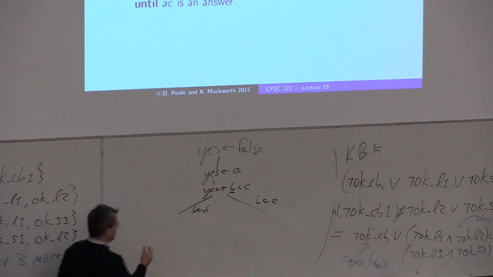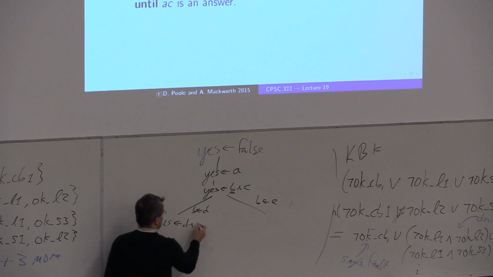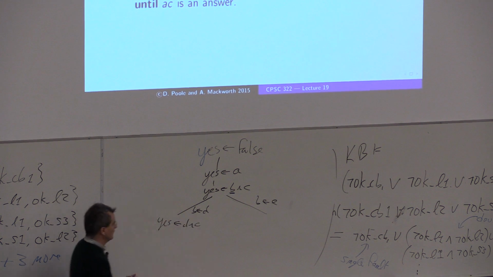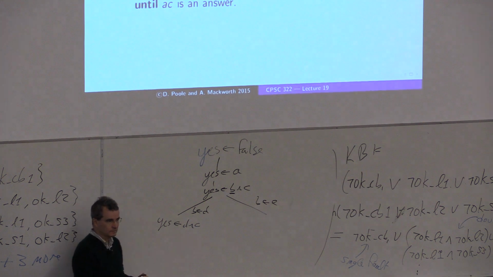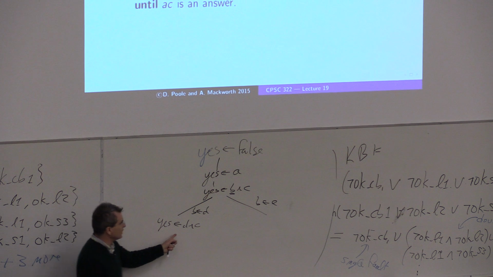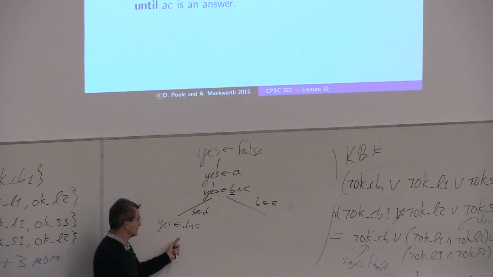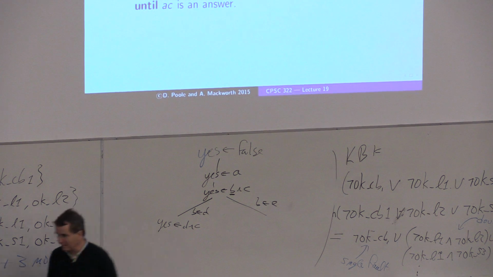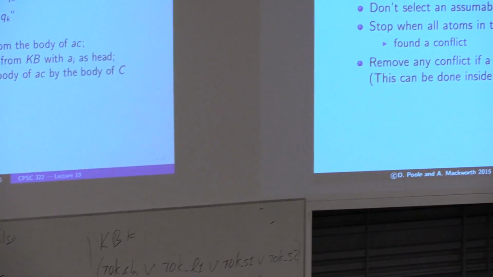So with B if D, we're going to have yes if D and C. And I have to select an atom. Which atom should I select? Well, what's the rule? Now we have an extra rule. We don't select an atom that's assumable.